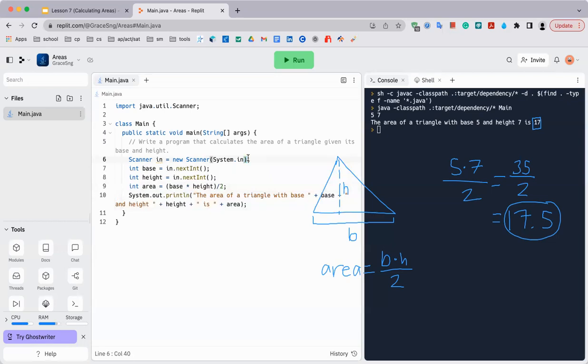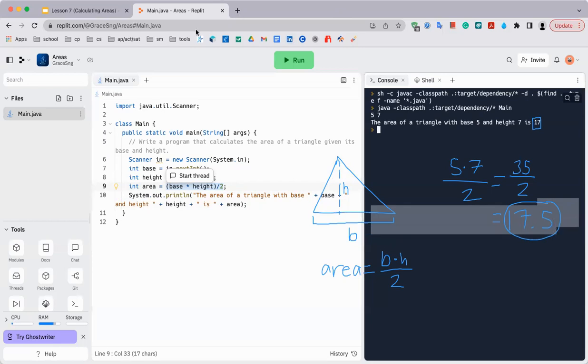So remember what I said in maybe the first couple lessons about integer division. When we have integer division, Java basically truncates the decimal. So when I had 35 divided by 2, I got 17.5. But since the area is an integer, and here I have integer division, what I get instead is 17. Java just basically excluded this 5, and I just got 17 instead.